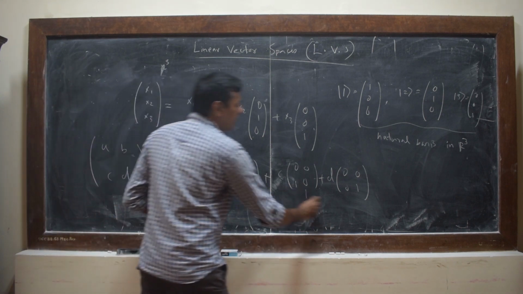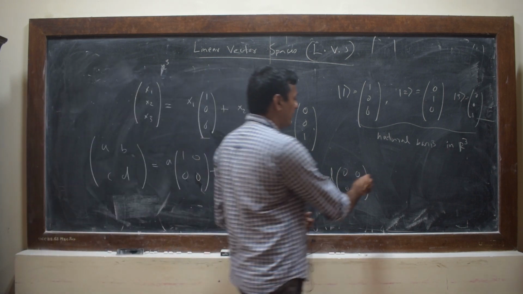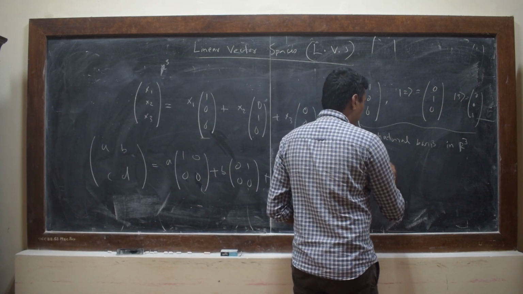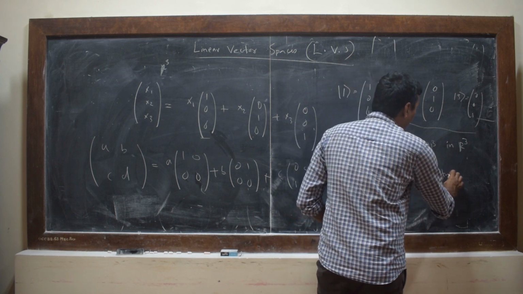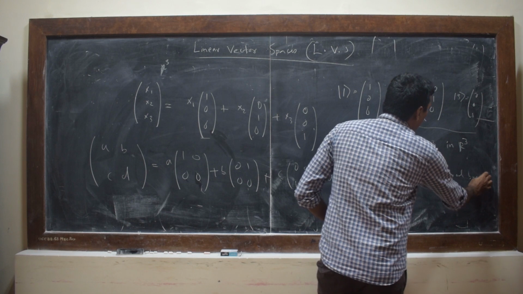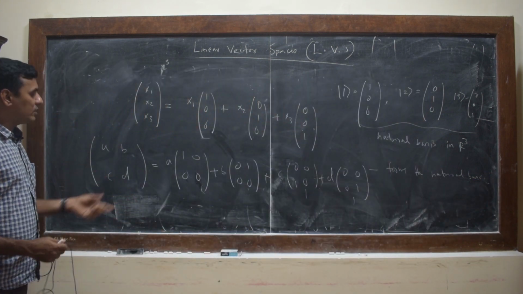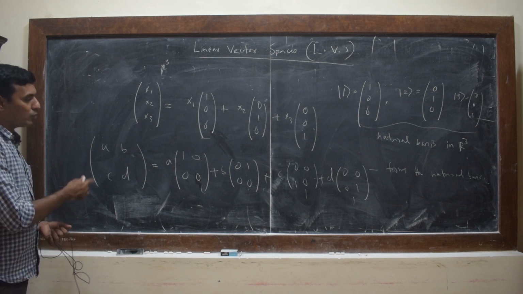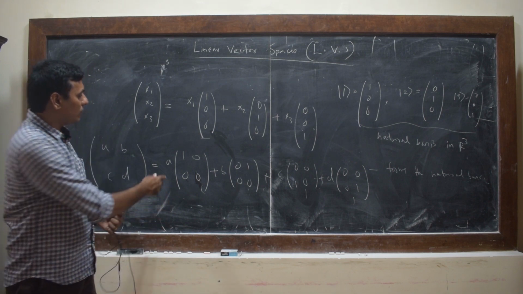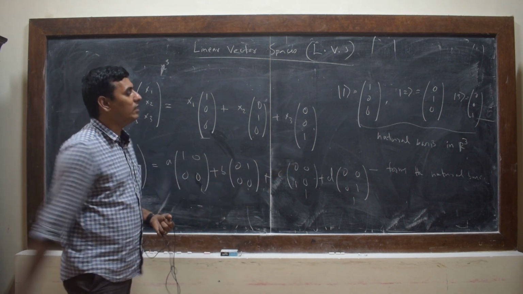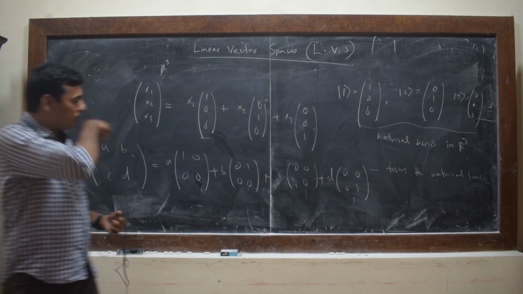These four matrices form the natural basis. So the space of 2 cross 2 matrices is actually a 4-dimensional vector space.